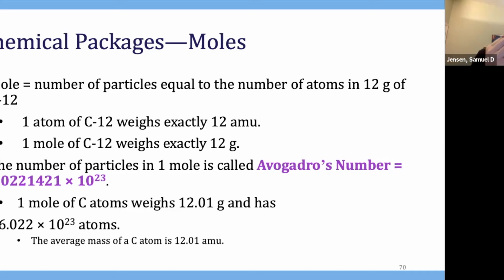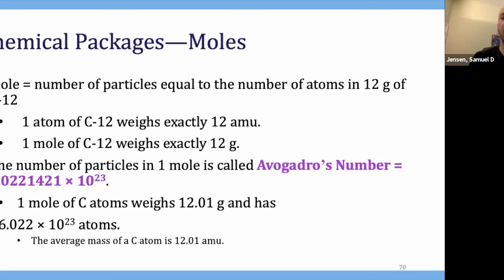If we gathered up enough atoms of carbon that it has roughly the mass of 12 AMU, although the unit is grams, the question is, how many atoms of carbon would you need to make 12 grams of carbon? The answer is 6.02 times 10 to the 23rd atoms of carbon. You would get exactly 12 grams of carbon.